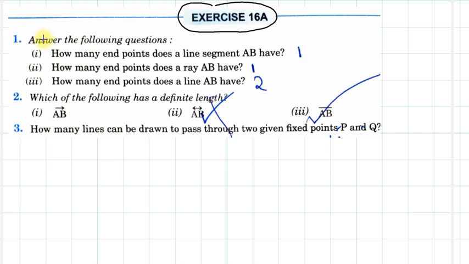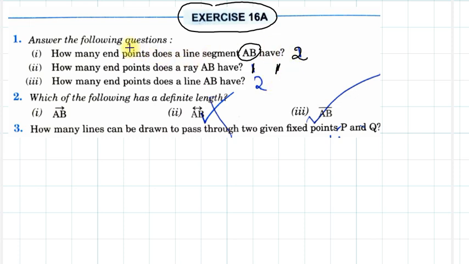Answer the following questions. How many endpoints does a line segment AB have? Endpoints A and B are 2 points, so this answer is 2. Right? How many endpoints does a ray have? A ray has only 1 point. Right? Only 1 point.